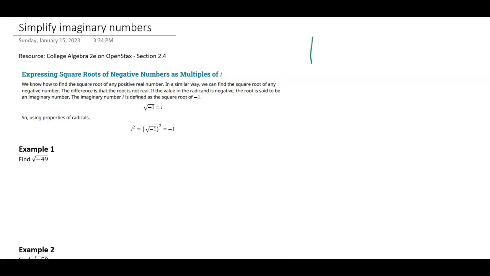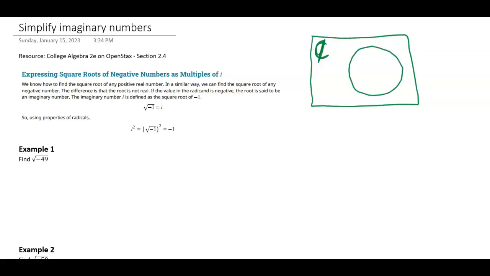So in our numbers, the complex numbers, which we denote with this capital C, include the real numbers, and the real numbers are what you probably have learned about in your other classes. So we're expanding on real numbers to include the complex number system.